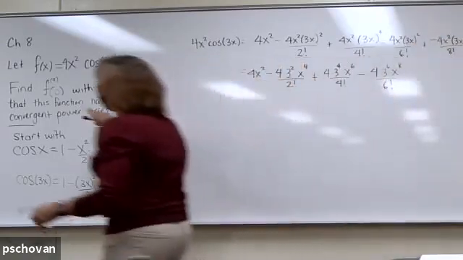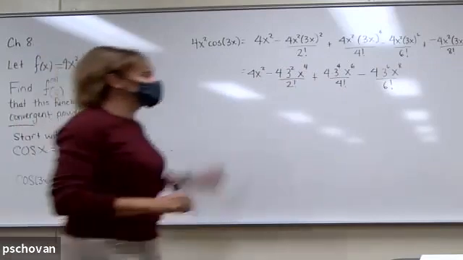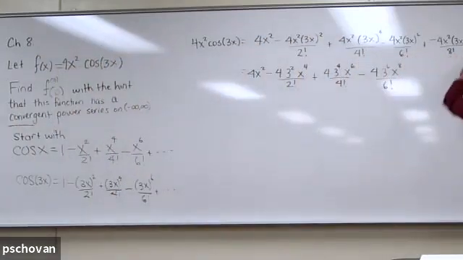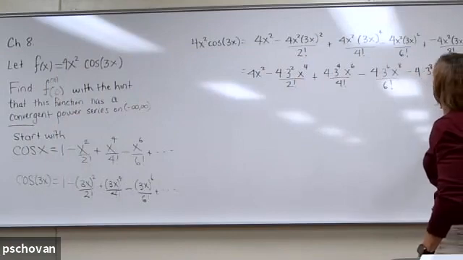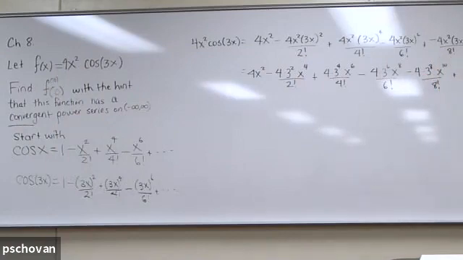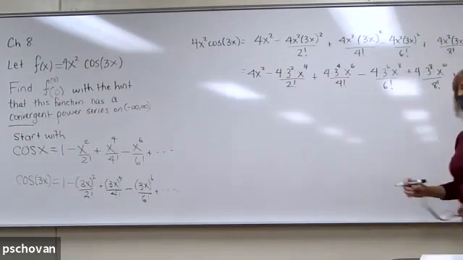Let's change this to the 10th derivative, because I'm going to have an x to the 10th right here: minus 4 times 3 to the 8th times x to the 10th over 8 factorial, and so on. Well, I've got that there.